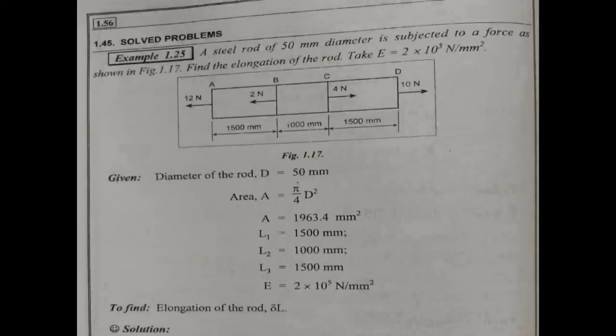Our area is 1963.4 mm square. Then write the given data: lengths L1, L2 and L3, and Young's modulus for steel, capital E, equal to 2 into 10 power 5 Newton per mm square. We want to find the elongation of the rod, del L.